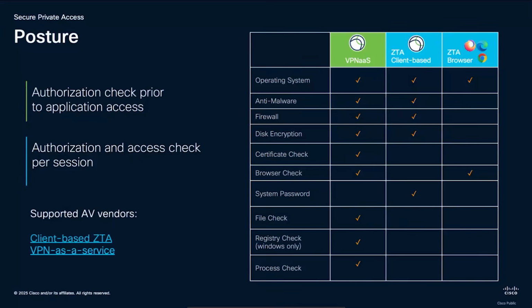And of course, we support the ZTA browser, where we don't need to install any agent. It can be, for example, for partners or for auditors, to check if the operating system or the browser are compliant with our policies.